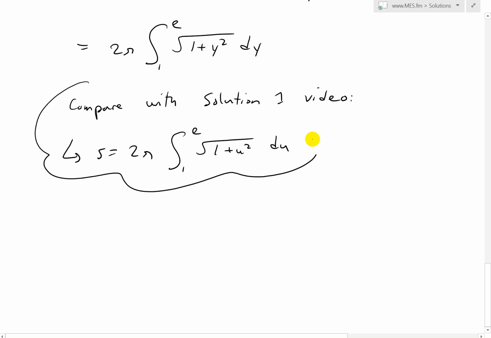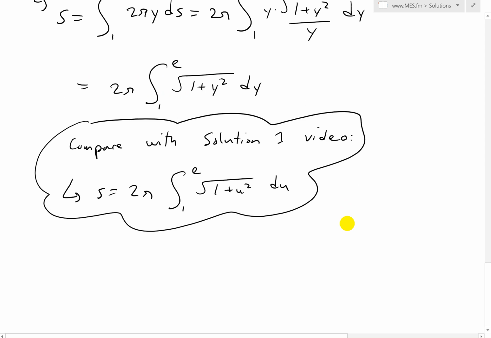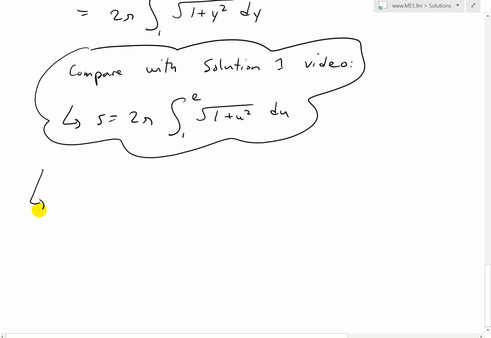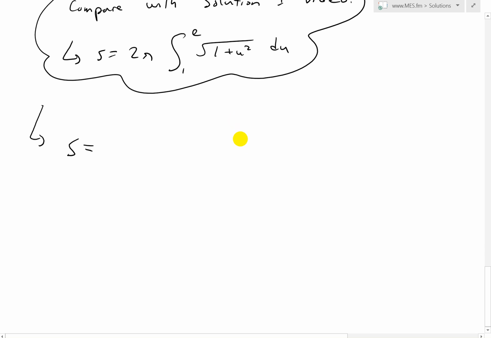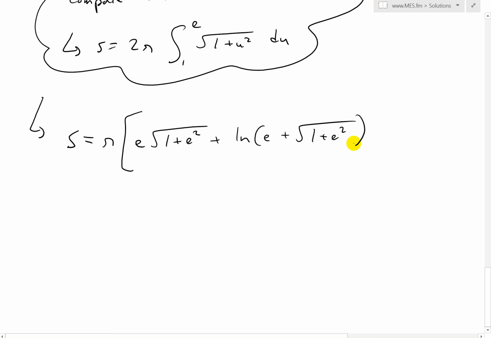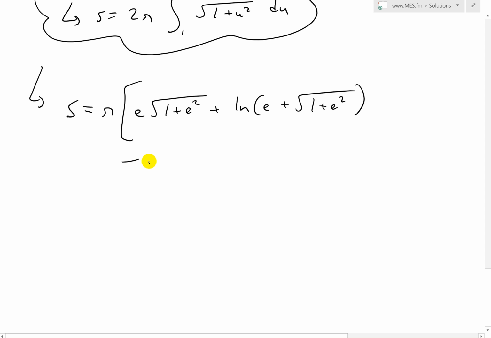So compare with this. Make sure to watch my last video on how to integrate this. The answer is going to be s equals, and it gets pretty intense, that's why I'm not going to redo it here. It's pi times e times the square root of 1 plus e squared, plus ln of e plus the square root of 1 plus e squared, subtracted by the square root of 2, minus ln of the square root of 2 plus 1.